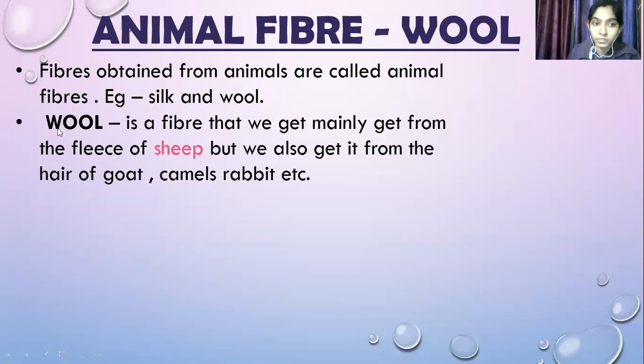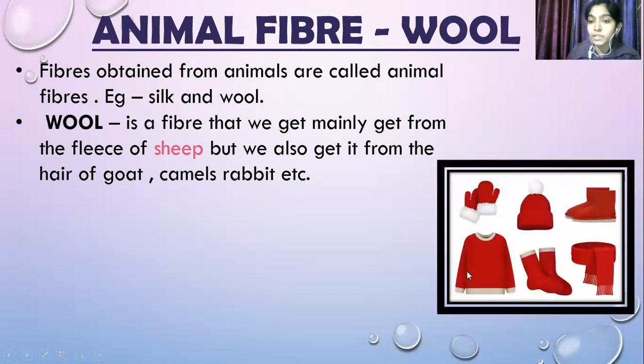So let us discuss about wool. So wool is a fiber that we get mainly from the fleece of sheep, but we also get it from the hair of goat, camel, rabbit, etc. See, this is the woolen fiber like woolen gloves, woolen sweater, woolen socks, woolen cap, woolen scarf.